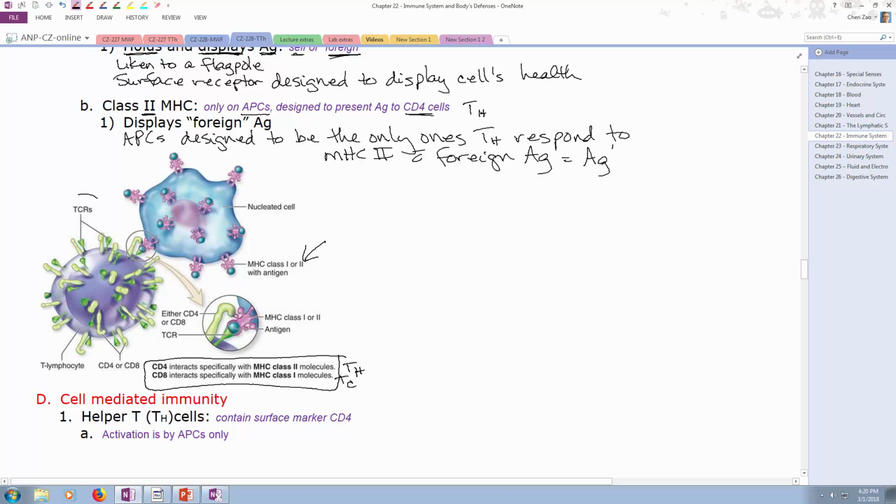And then T cell receptors: if it's got a surface marker that's a CD4, that's a helper. If it's a surface marker that's a CD8, that's a cytotoxic T cell. And that's why we can use this kind of generic look, because the T helper and cytotoxic T cells have a very similar construction, except for that surface marker, CD8 or CD4.